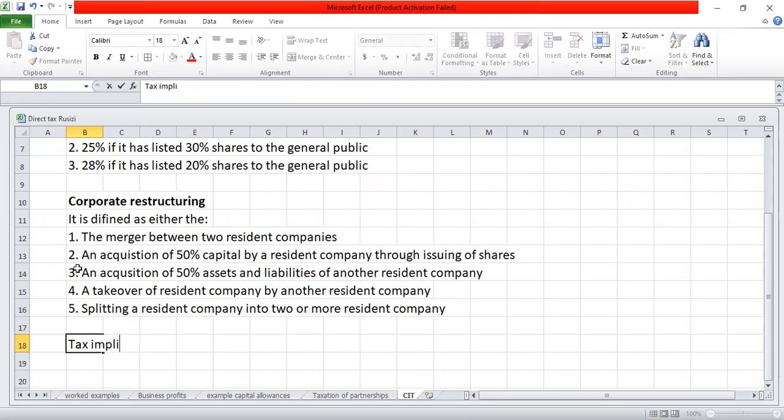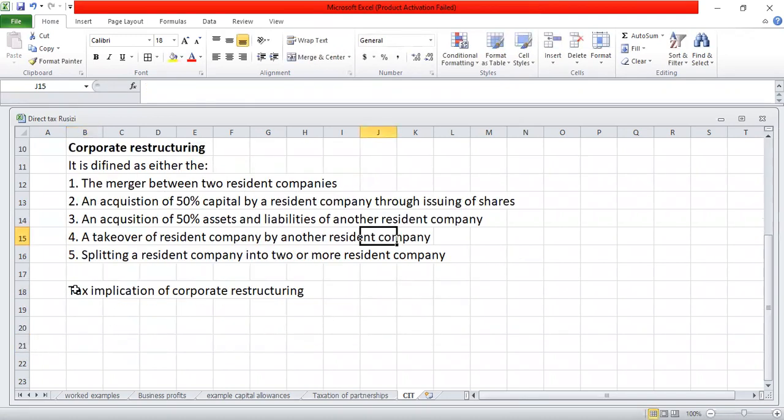Tax implication of corporate restructuring.